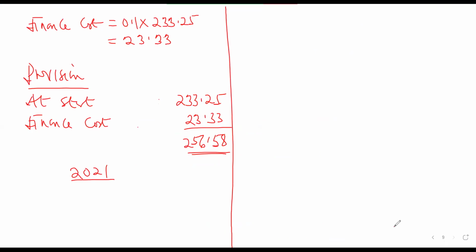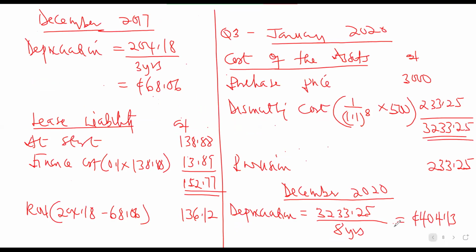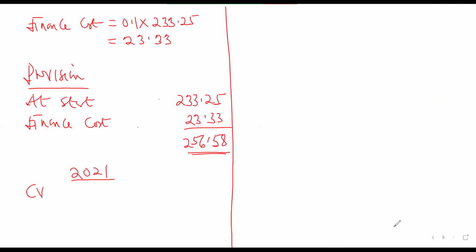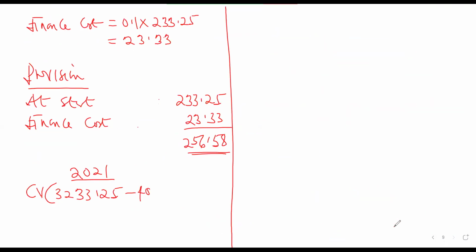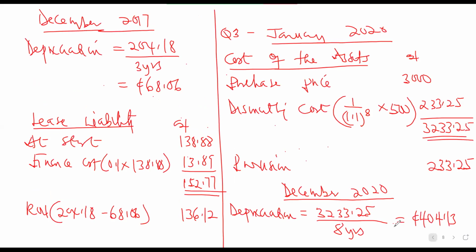In 2021, our carrying value of the assets will be 3233.25 minus the depreciation of 404.13. What will be the carrying value at the beginning of this year?